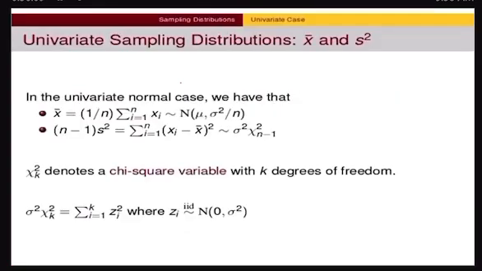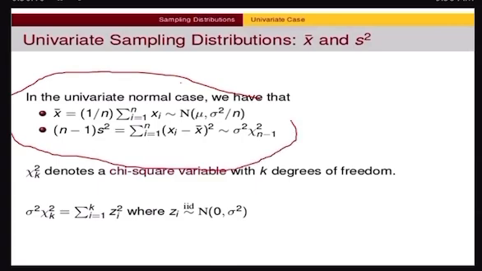Now, this is for the univariate case. In the univariate case, we have already established that the central limit theorem plays out. The sample statistic follows a normal distribution with a sufficiently large sample, and the variance follows a chi-square distribution, because when the mean varies, the variance also varies.